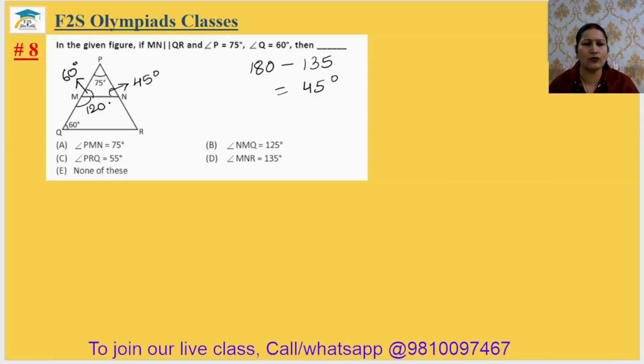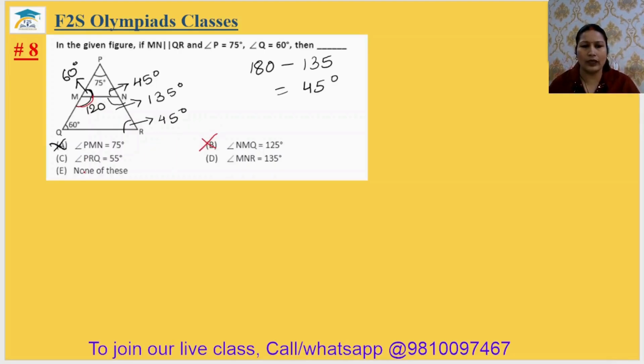And if it is 45, so using linear pair, this should be 135. Okay? And if it is 135, so this should be your 45. Now check the options. Angle PMN equal to 75 degree, no, wrong. Now angle NMQ will be equal to 125 degree.